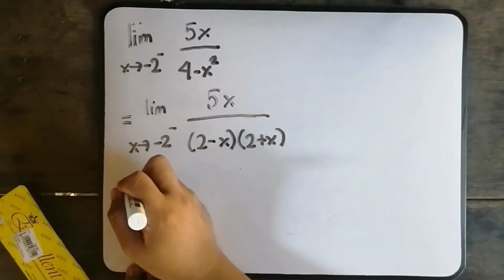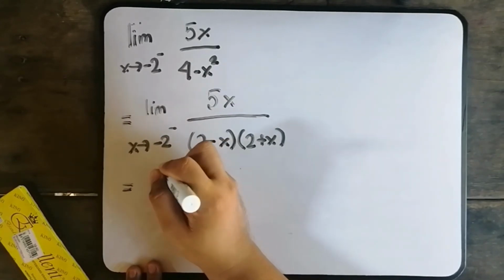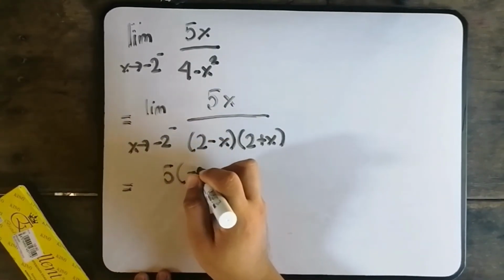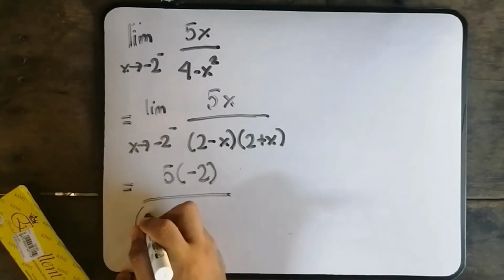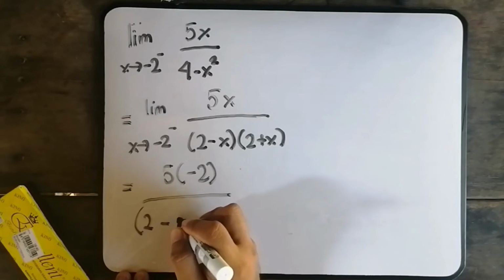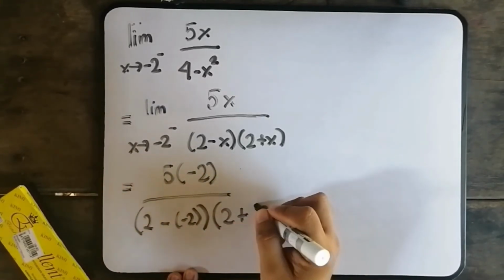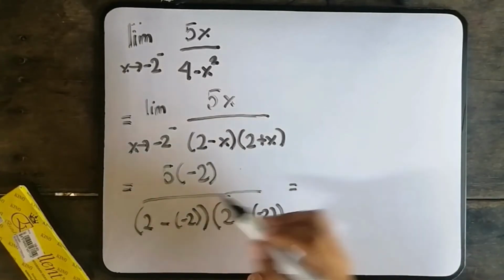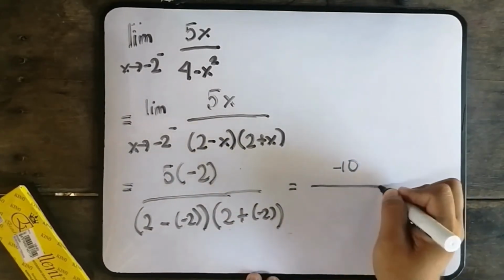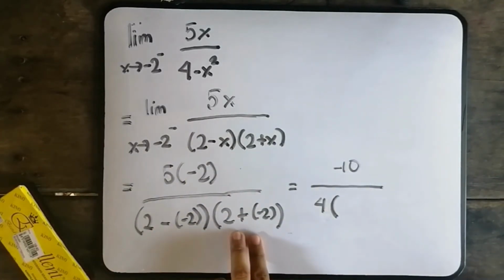Now, by direct substitution, since wala naman tayong pwedeng i-cancel, so we have 5 times negative 2 over 2 minus negative 2 times 2 plus negative 2, which is equal to negative 10 over, this is now 4, times, pansinin nyo ito ay magzi-zero.